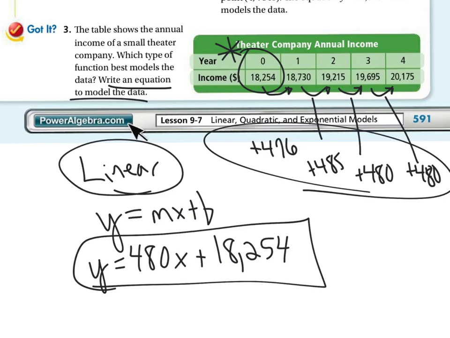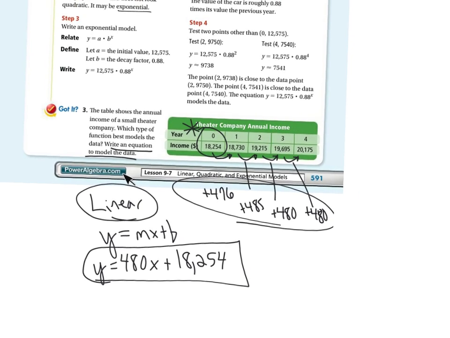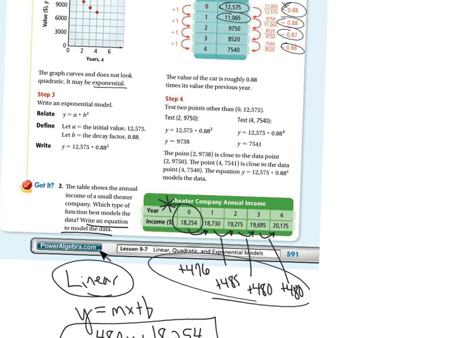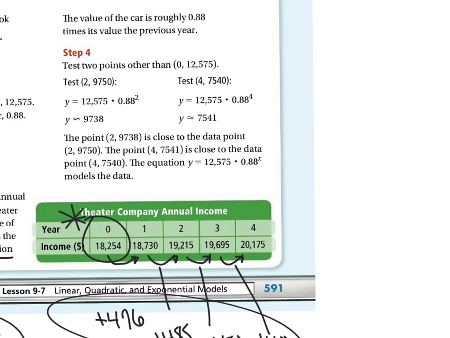And then going back to the previous problem, I didn't mention this over here, but it did talk about writing an equation for that. So we did this back in lesson 7.7.